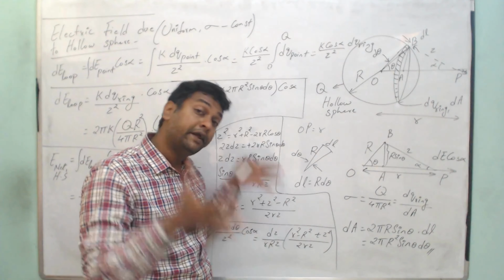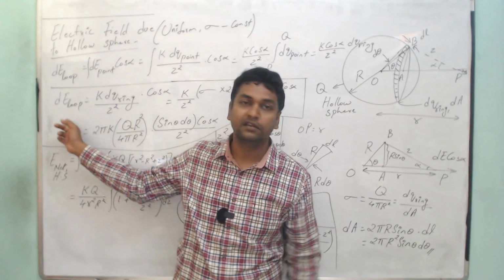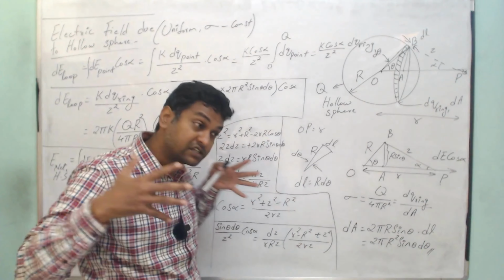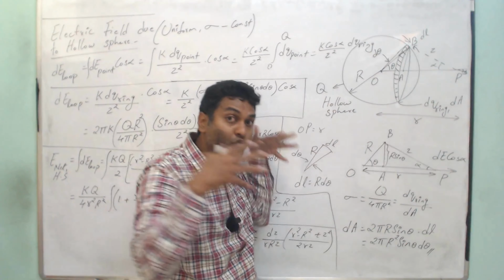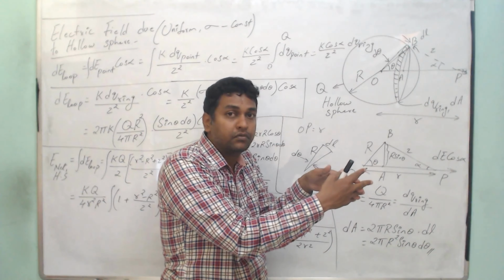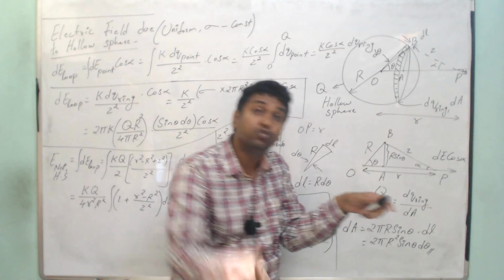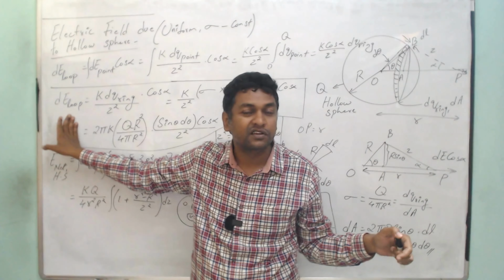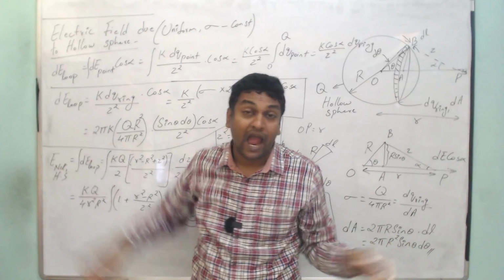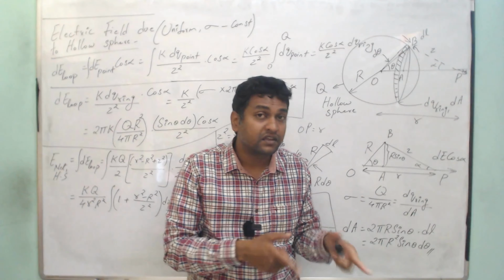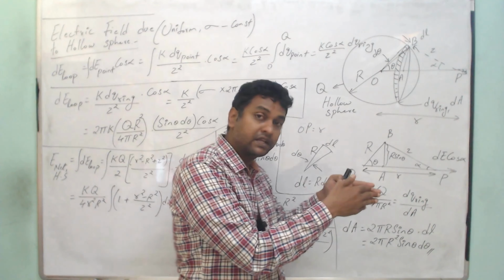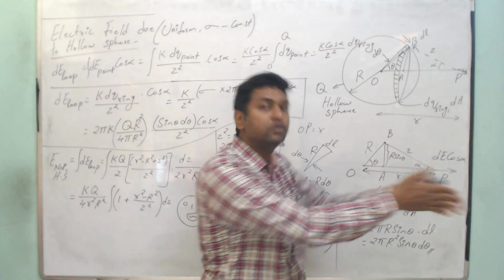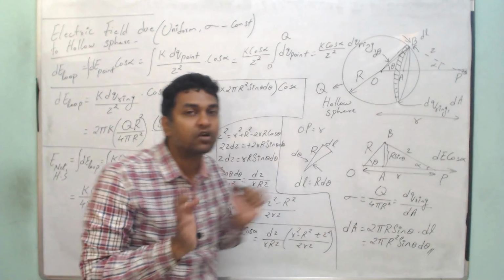I am calling this entire cone that will form due to the loop. There is a cone that will form. That entire cone only I am calling dE loop. And in that I am saying due to this loop, whatever dE I am getting, only cos alpha will exist, sine alpha will automatically cancel.